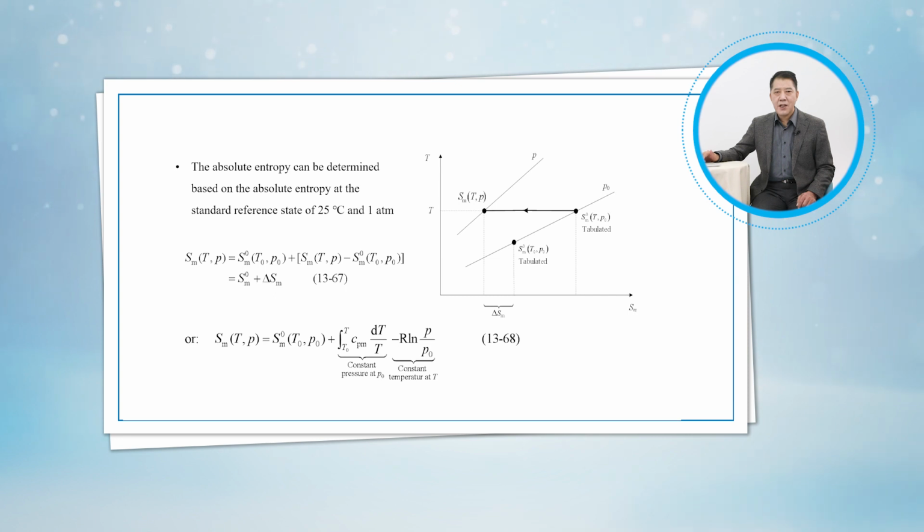Till now, the changes in Gibbs function can be determined by equation 1366.